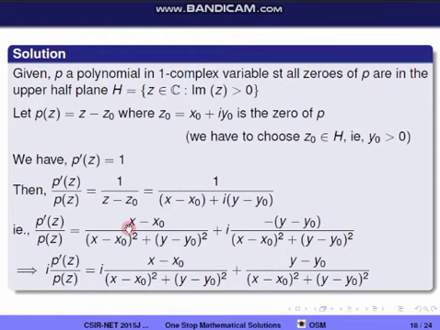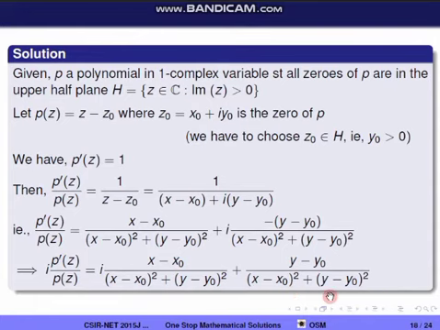So from this we get I into P dash of Z by P of Z is equal to I into this term. That is equal to I into X minus X naught by X minus X naught whole square plus Y minus Y naught whole square, plus Y minus Y naught divided by X minus X naught whole square plus Y minus Y naught whole square.